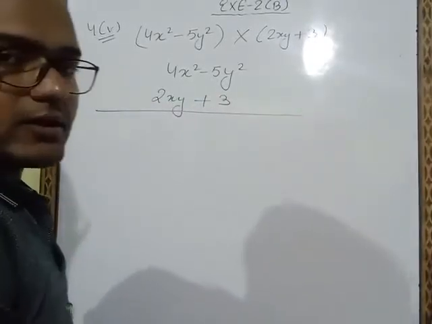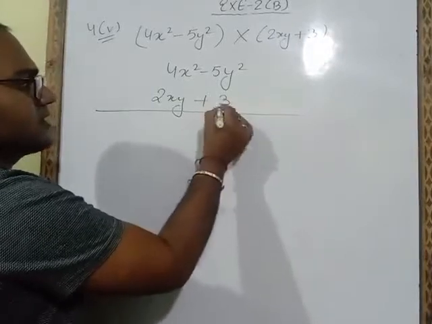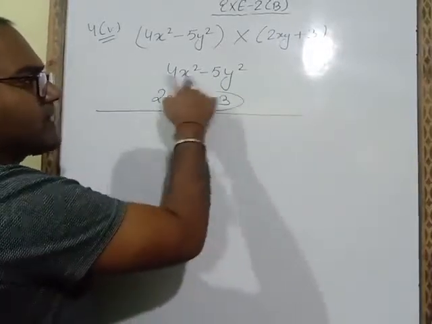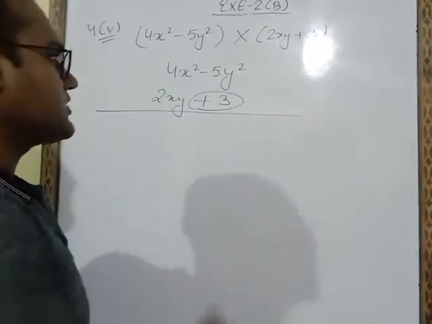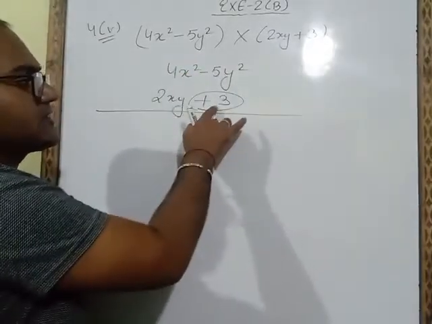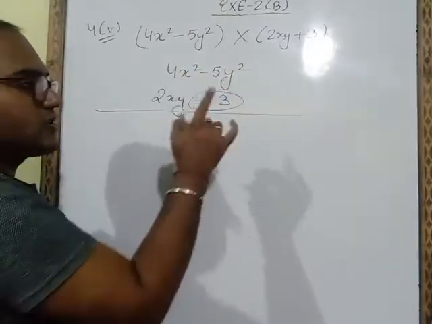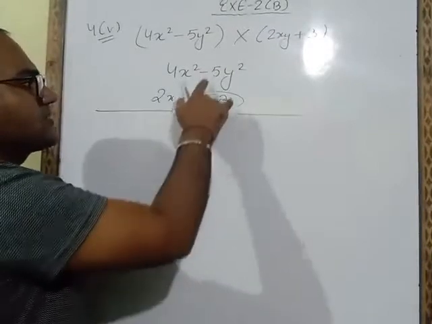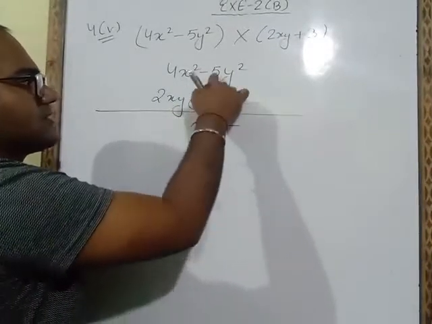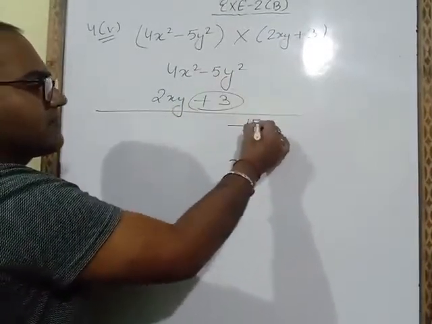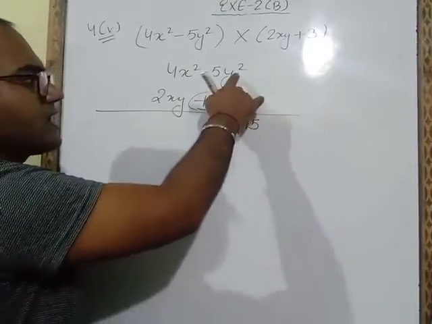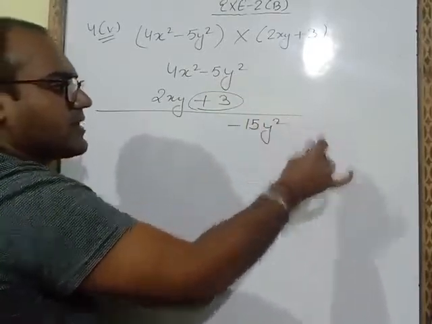Now this plus 3 we have to multiply with both the terms which are written upside. So this plus 3 multiplied with this number. First of all we have to multiply the sign. Plus minus, minus. 3 multiply 5 will become 15. The alphabet is not given, but here the alphabet is there, so we will write this alphabet as it is.